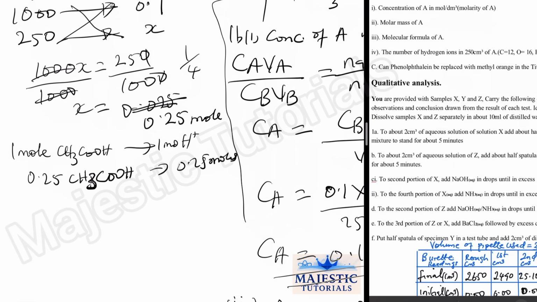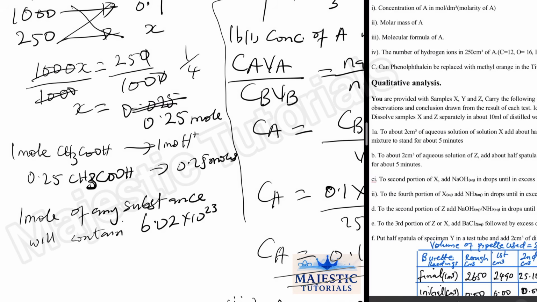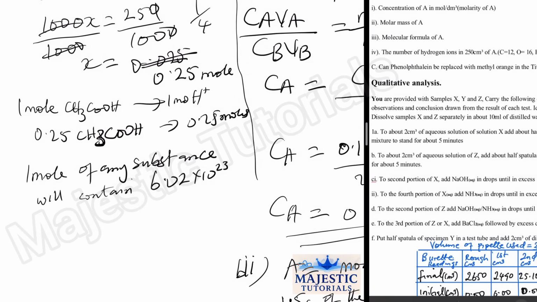We bring in now Avogadro's number, and according to Avogadro, 1 mole of any substance, just like a dozen contains 12, will contain 6.02 times 10 to the power 23 formula units or repeating units of that substance. So 1 mole is represented by 6.02 times 10 raised to the power 23 hydrogen ions.